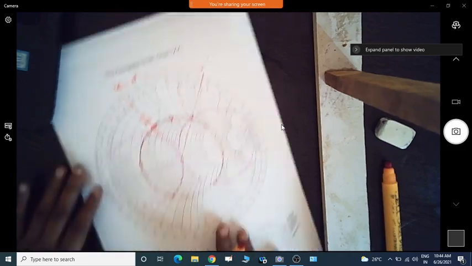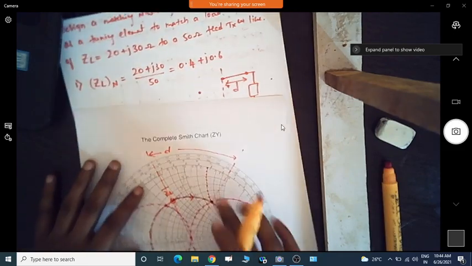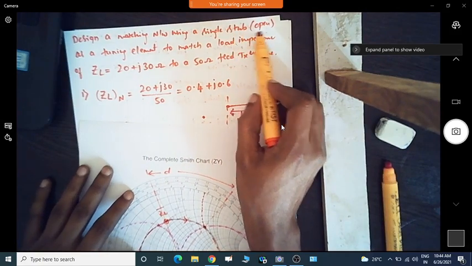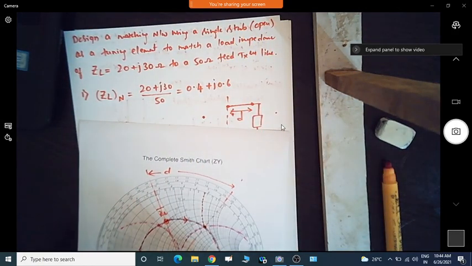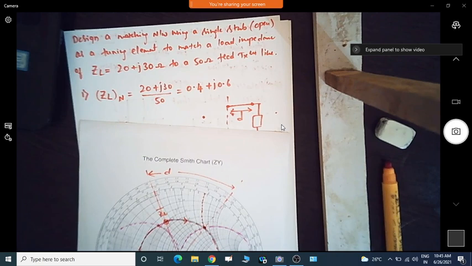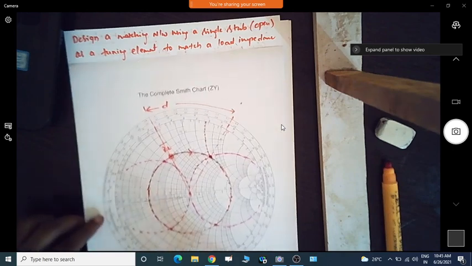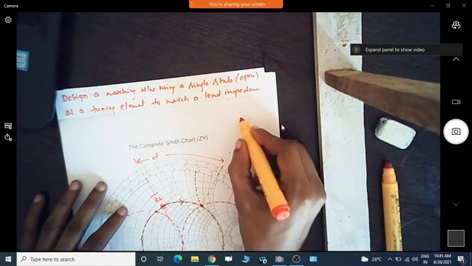In the problem, it is told that you have to use a single stub which is open. You have to use only the open stub. Whether you use series or parallel is not a problem, but you have to use the open stub only. Here, we'll use the series stub.